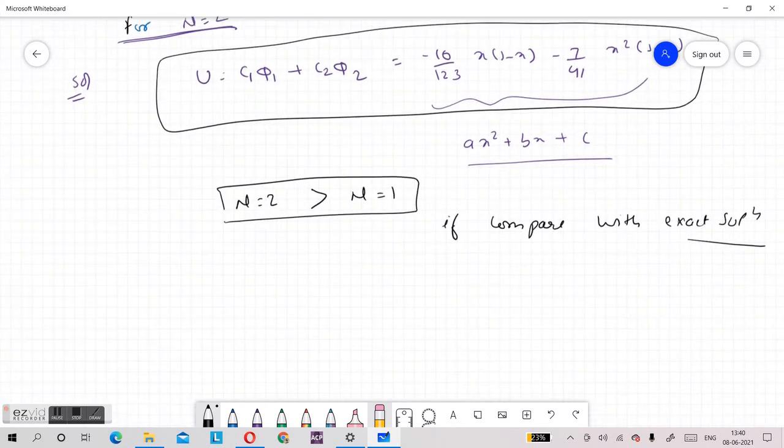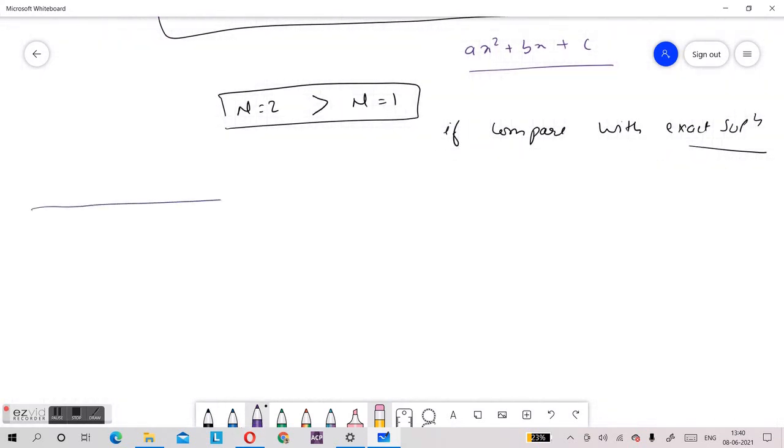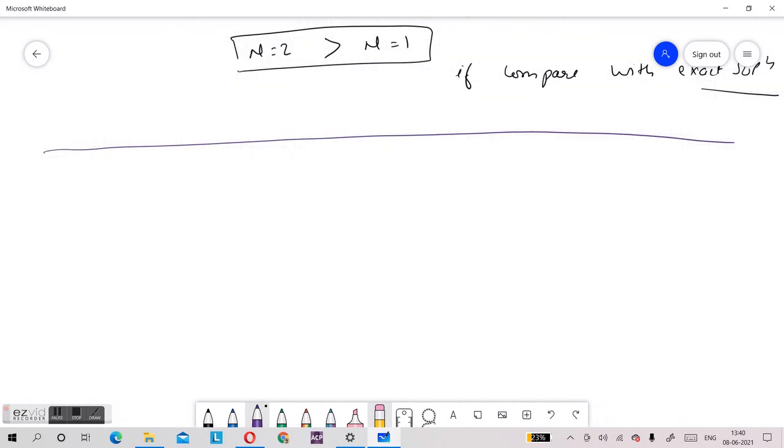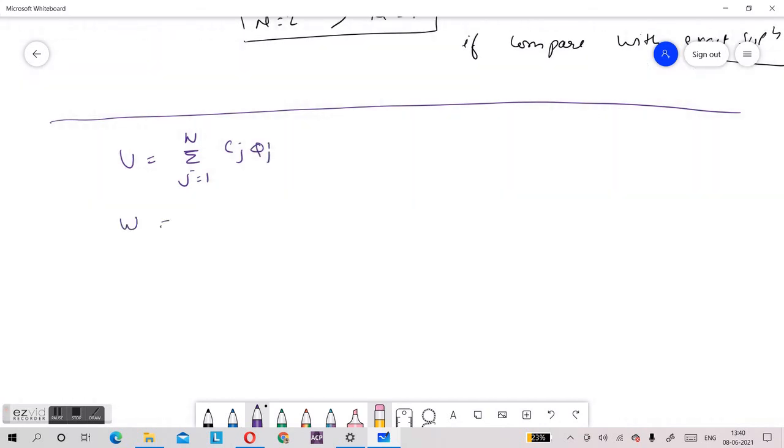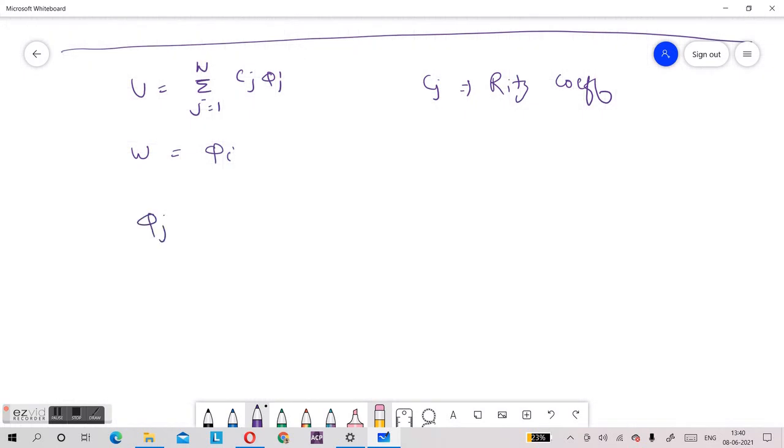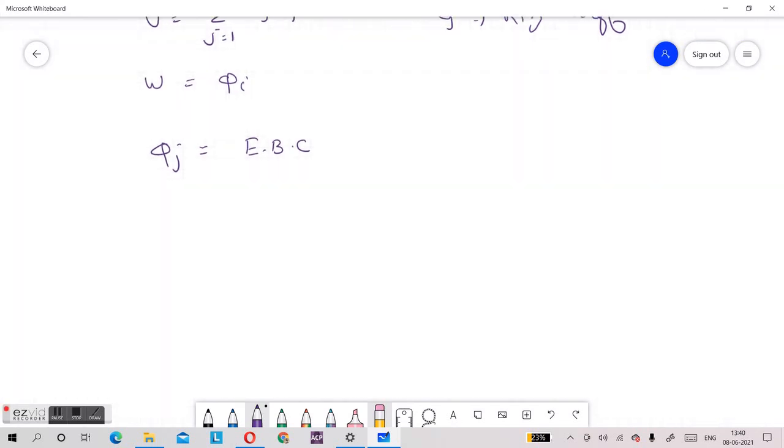So for the Rayleigh-Ritz method we will conclude with some terminologies: u equals sigma j equals 1 to n Cj phi j, W equals phi i. Here Cj is called the Ritz coefficient, phi j satisfies the essential boundary conditions, and it works when the bilinear functional equals the linear functional.